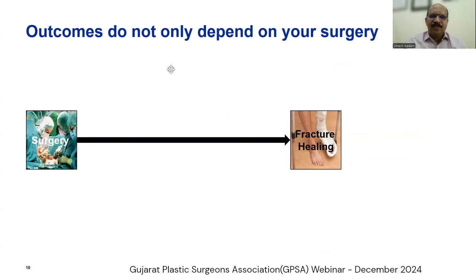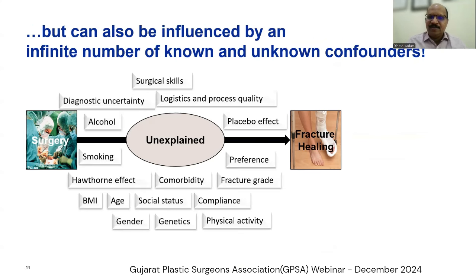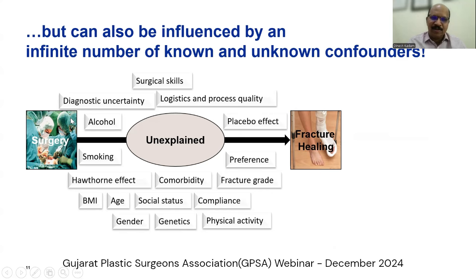Now you know that you can do a surgery, but the fracture healing or some outcome is not exactly the same, because you might do a good surgery, but the outcome may be different. So what leads to this? Then we have unexplained or plenty of unknown confounders, which could be patient-related factors, something like patient obesity, alcohol consumption, smoking, a very high BMI, genetic issues, or social issues.